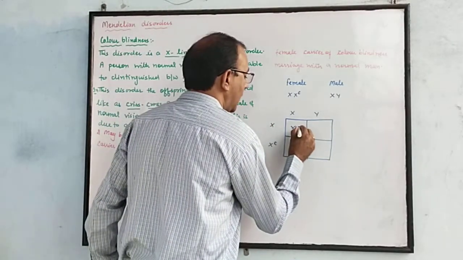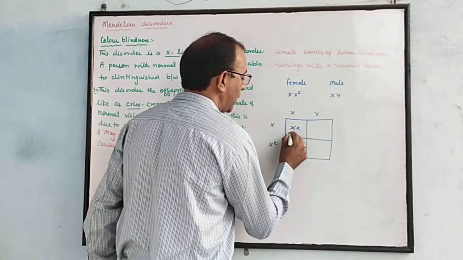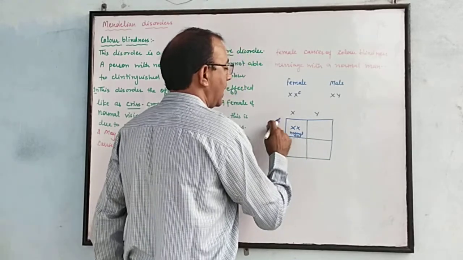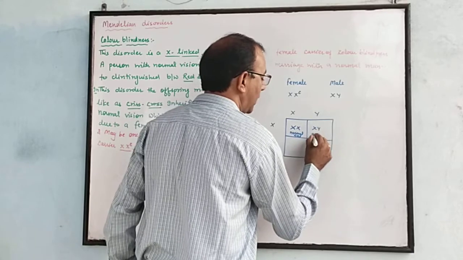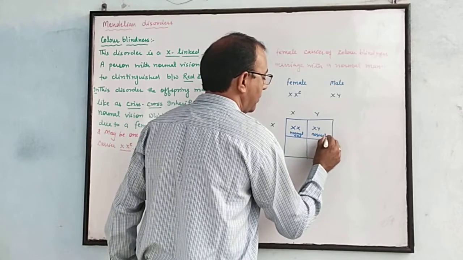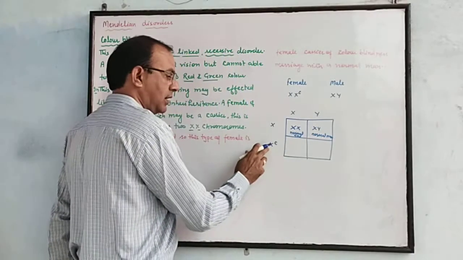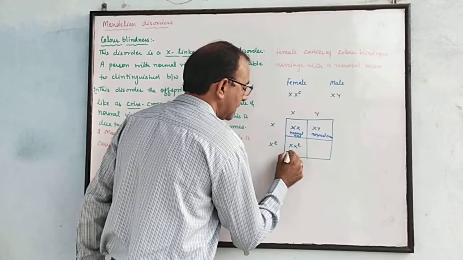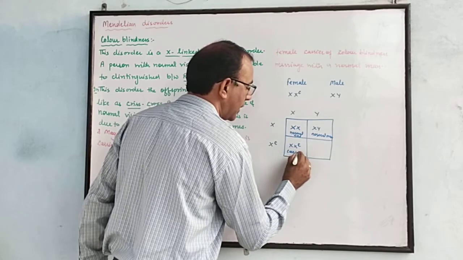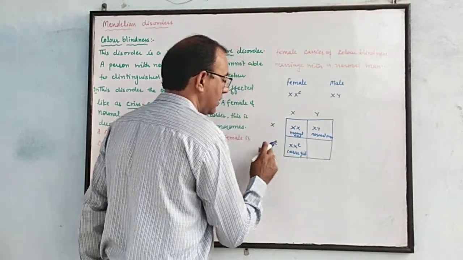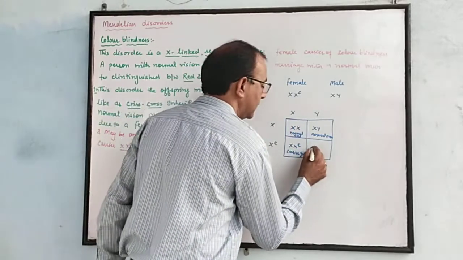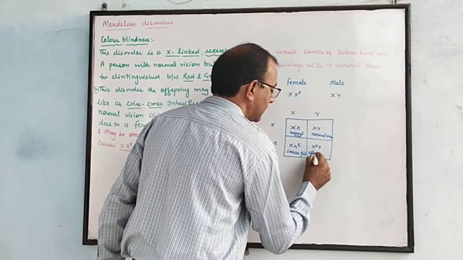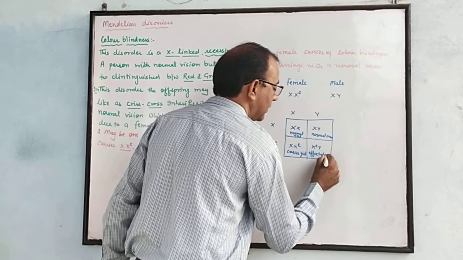Then X and X is a normal girl. X and Y is a normal man. X and X^C is a carrier female, or carrier girl, and X^C and Y means an affected male.